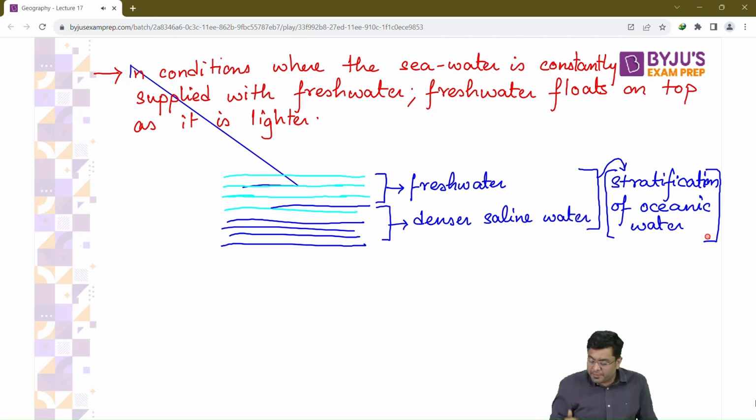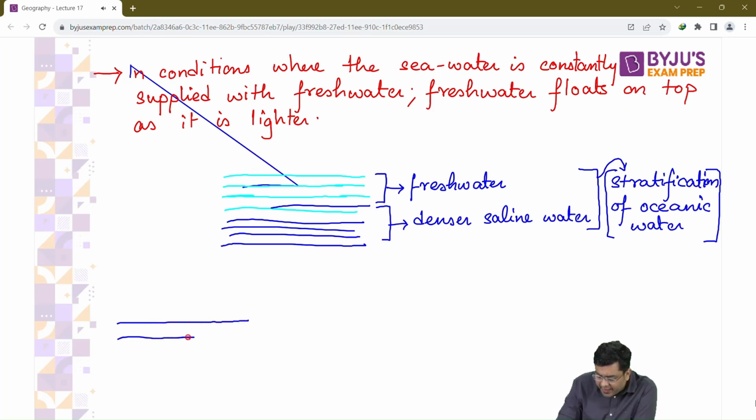Now let us develop the concept. Now, here, let's consider another area where you have saline water through and through. Okay.